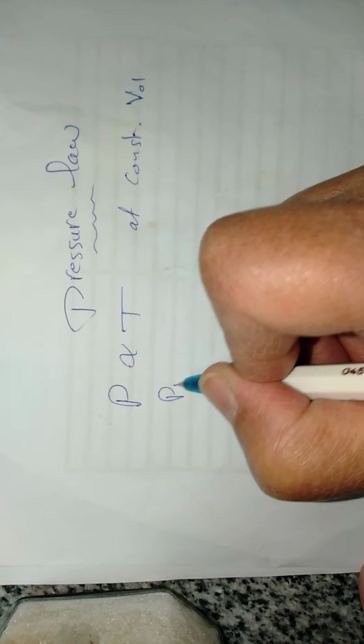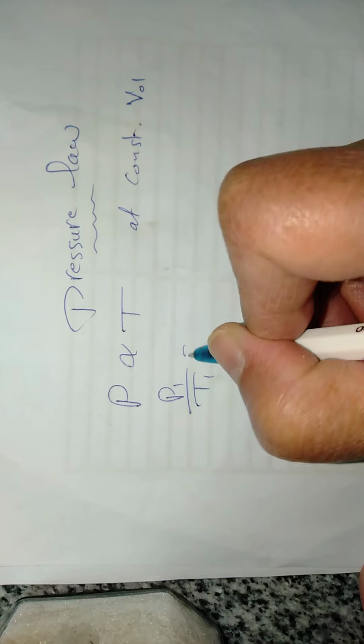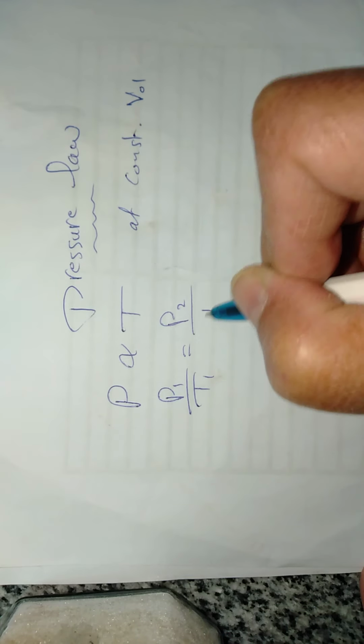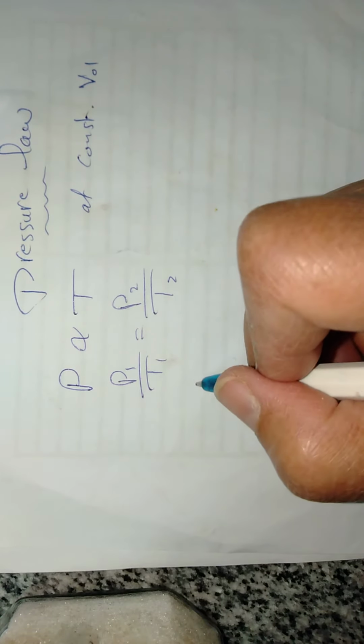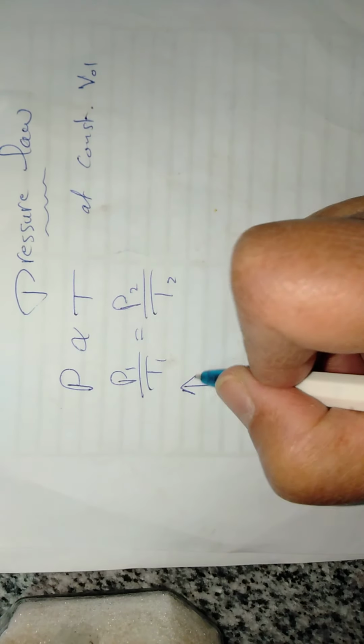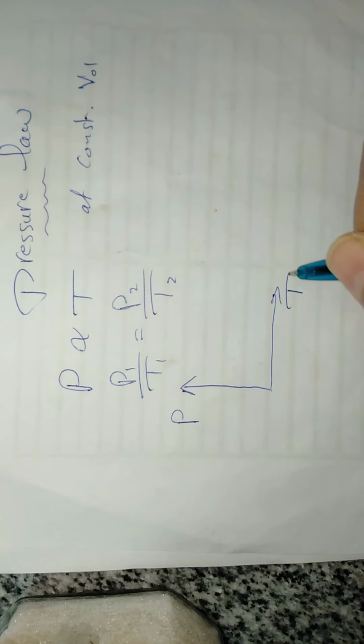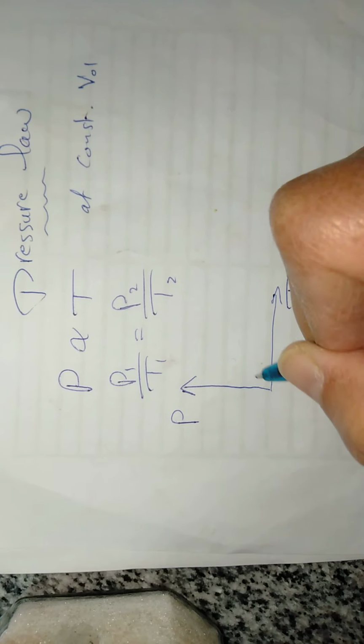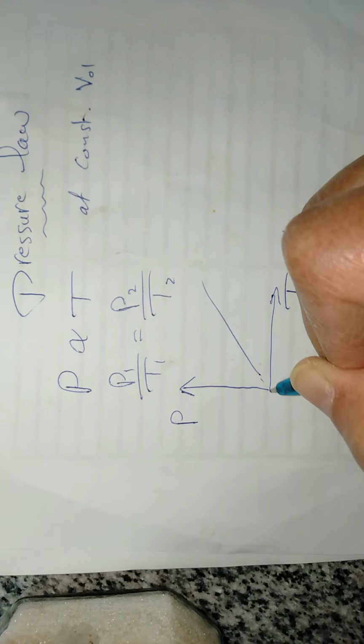Therefore, P1 over T1 equals P2 over T2, and as in the case of volume and temperature, the graph which represents this relation, pressure and temperature in Kelvin scale, is represented by a straight line.